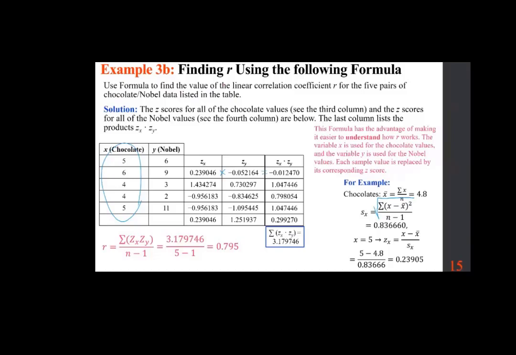For example, for the very first entry, number 5, x is 5, x bar is calculated as 4.8, 5 minus 4.8, and divided by s, which is 0.83666, and it gives you 0.23905. So I hope you see that this number is this number, everybody. If you can calculate 1, you can calculate all. Does it take long? Yes, it does take some time.